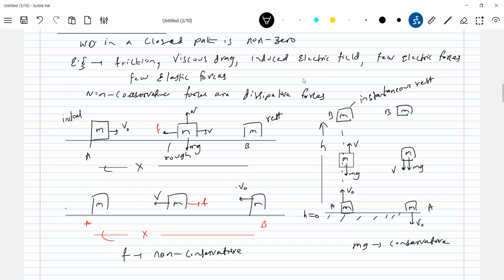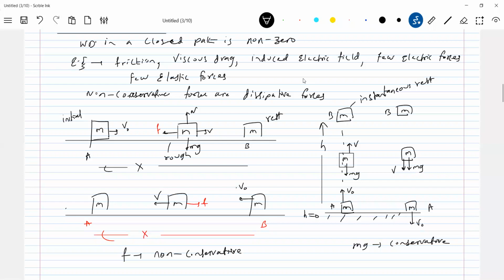So for a conservative force, once it consumes, finishes, it will not return back. Look at the second diagram. So what happens with the weight? Again, when the block returns back to the same initial point, it will give back its kinetic energy. So net work done by conservative force in a closed path is 0. Net work done by non-conservative force in a closed path will be non-zero.